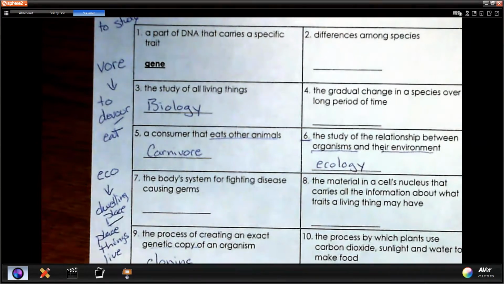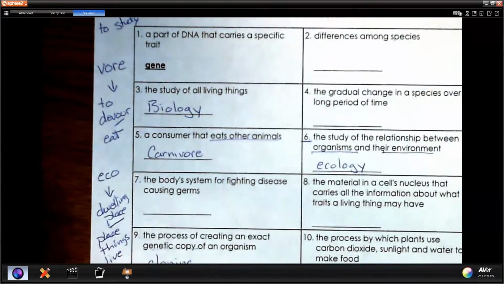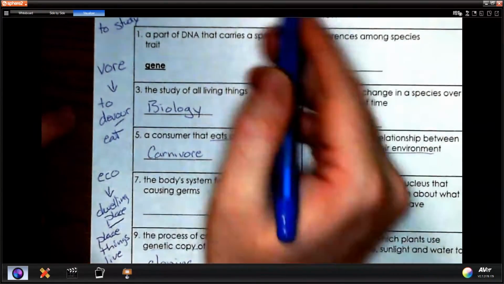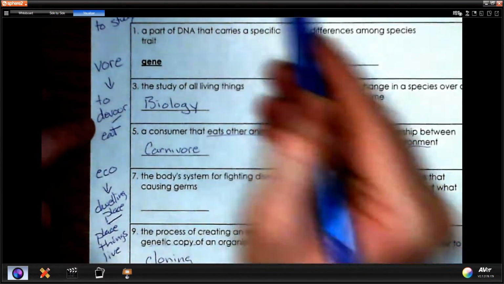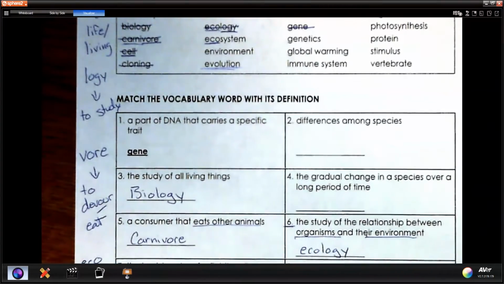Are there any other words? So we got that one out that anyone's familiar with. How about evolution? Evolution, is that a term y'all come across before? Number 2, differences among species. Not quite.